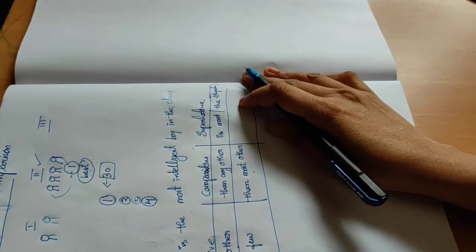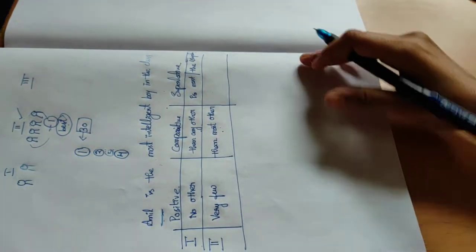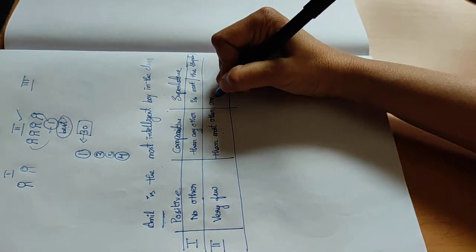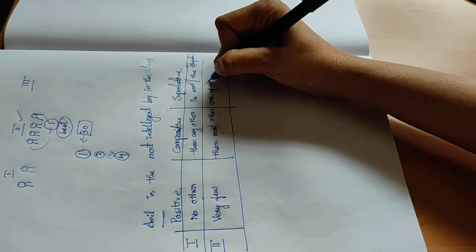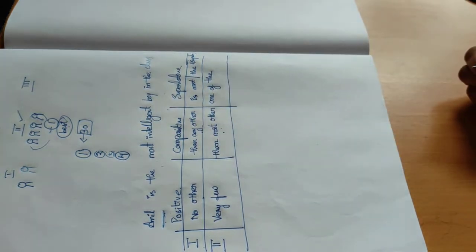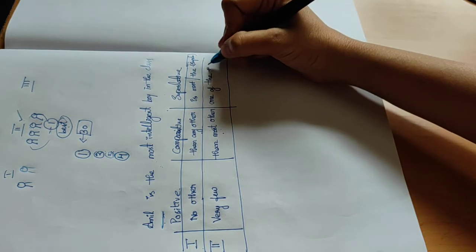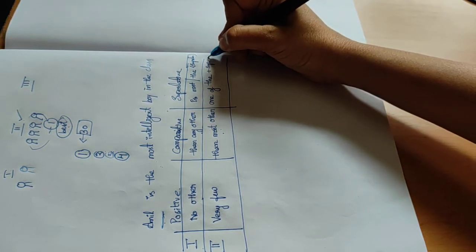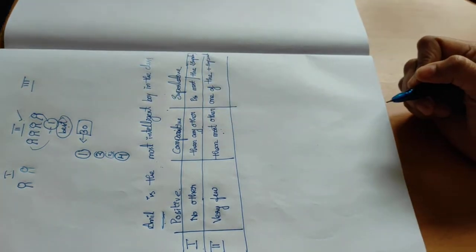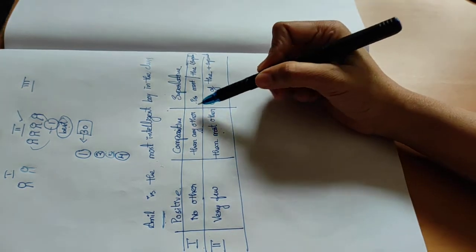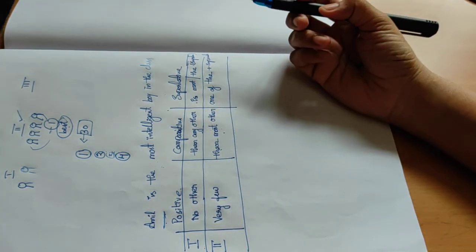And here how to write is 'one of the' plus 'most', or even we can use any superlative form. But we should not mix up.